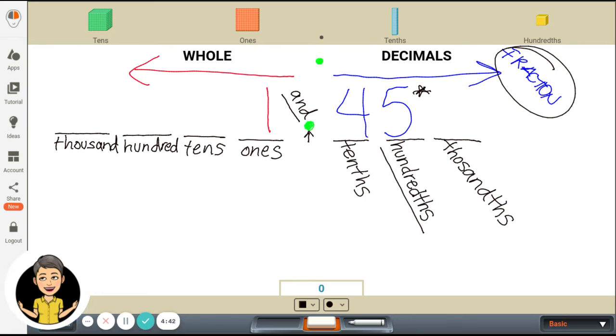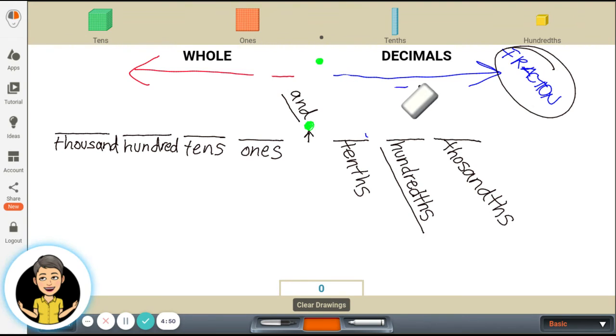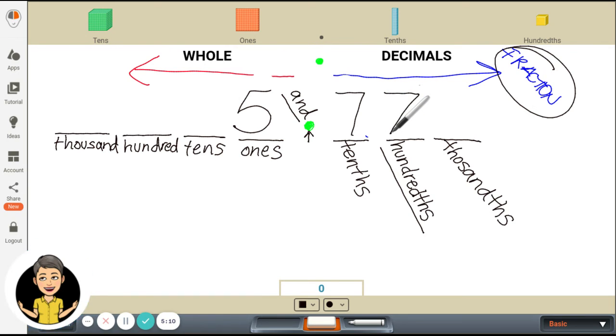Let's practice with one more number, a different number, okay? Let's see right here, carefully. And now we're going to have 5 and 77 hundredths.